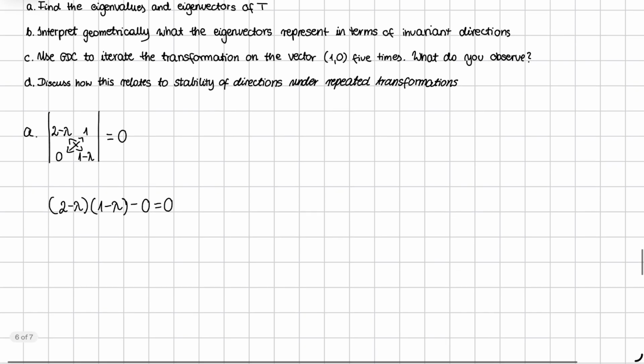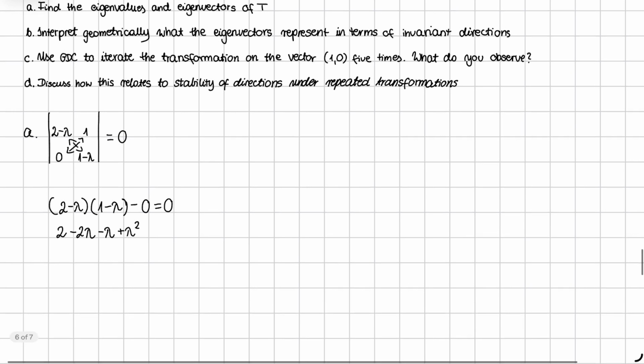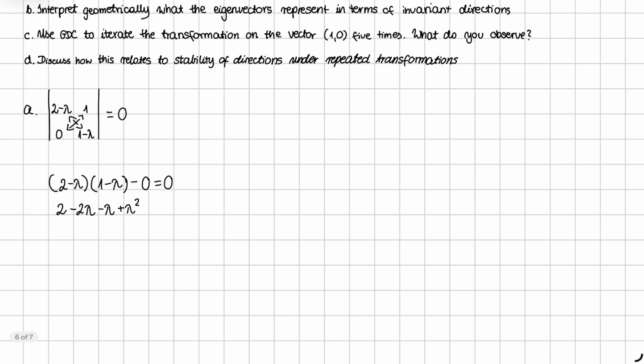So now we have to multiply the values in our brackets. Firstly we have 2 times 1, so 2, then 2 times minus lambda, so minus 2 lambda, then minus lambda times 1, so minus lambda, and then minus lambda times minus lambda, so plus lambda squared, and this is equal to 0.